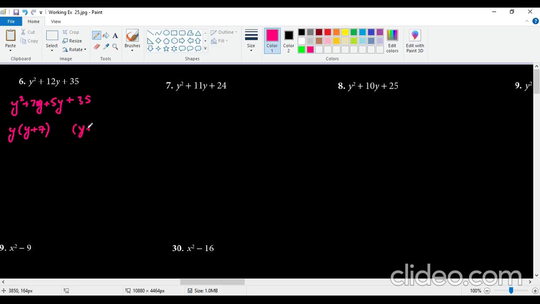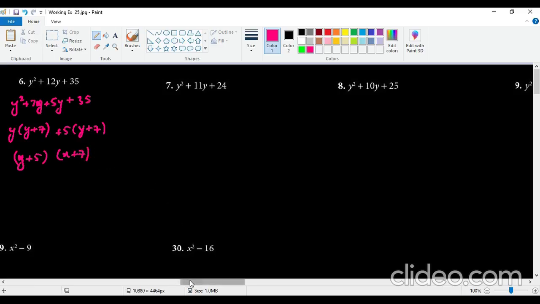Bracket will be copied like this, 35. Y plus 7 will be copied like this, and look at the third term now, plus 5 is required. So y plus 5 in one bracket and y plus 7 in another bracket.